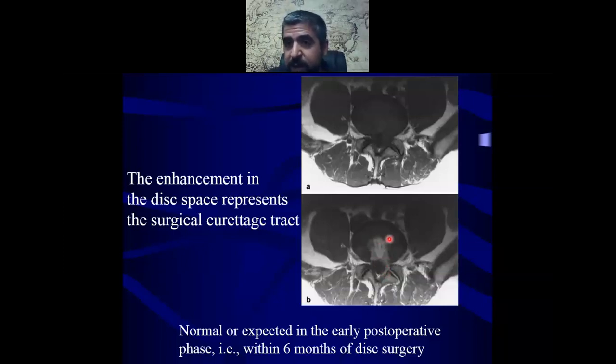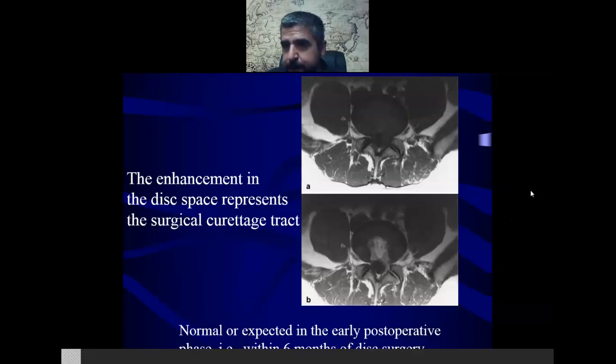However, what is this enhancement within the disc? This is the surgical curettage tract. They put the curette and try to remove some of the disc material, and this will result in granulation tissue within the disc. It extends into the disc, okay?